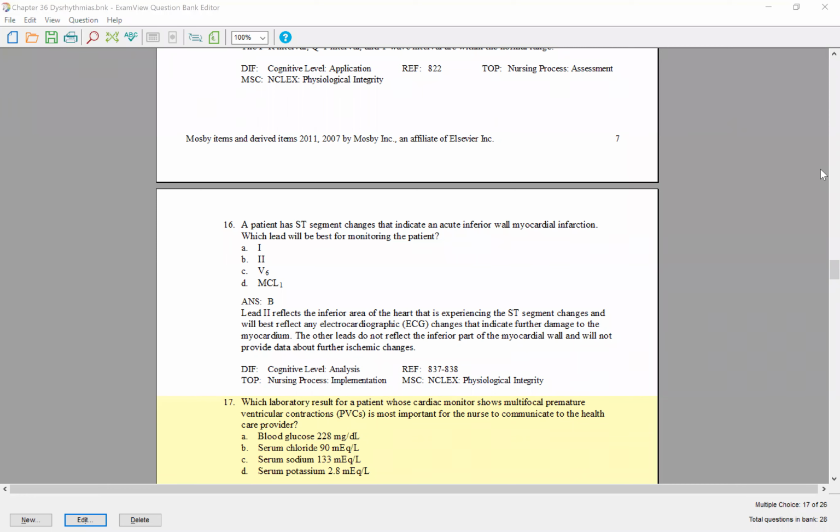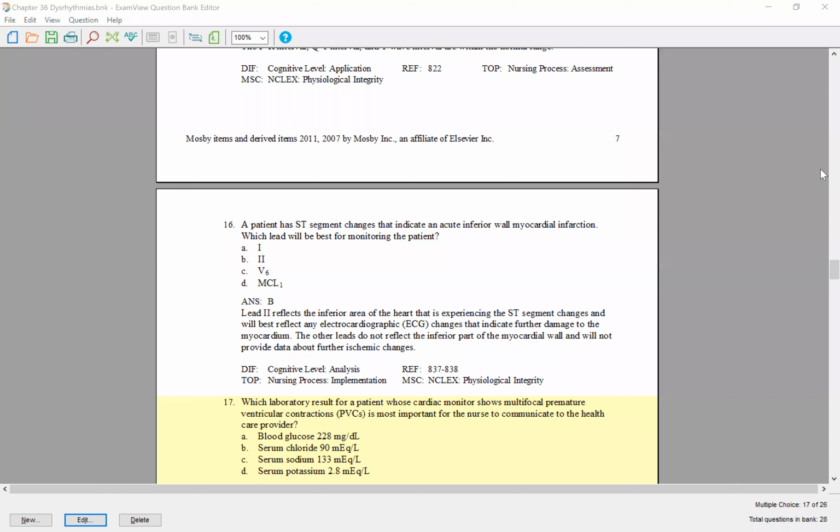Try this one. Number 17. And a variation of this question is, what if I don't put multifocal PVCs there? Instead, I put there an actual multifocal PVC. Is it D? Okay, hypokalemia.